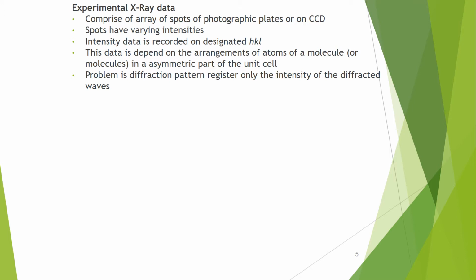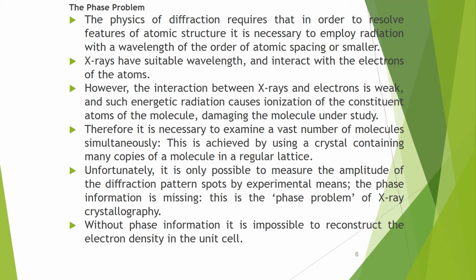This data depends on the arrangement of atoms of the molecules in the asymmetric part of the unit cell. The problem is that the diffraction pattern registers only the intensity of the diffracted waves. This is the phase problem that we face in XRD techniques.